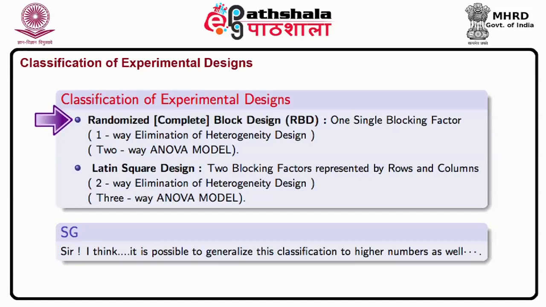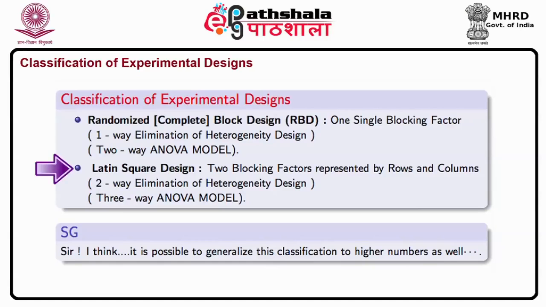Yes, sir. The blocks are conglomerations of homogeneous experimental units. Between two blocks there is a difference because the fertility gradient here is an inherent property of this block and the fertility gradient there is an inherent property of the other block. And the two blocks are different, therefore their effects are different. That's why the blocking factor is coming in. That's why it's called one-way elimination of heterogeneity.